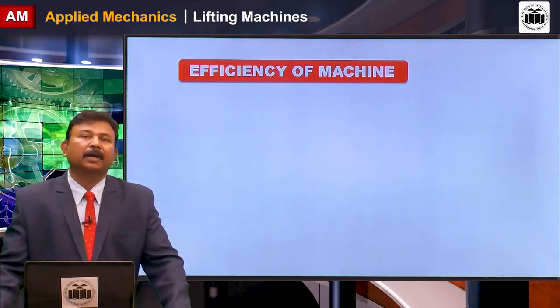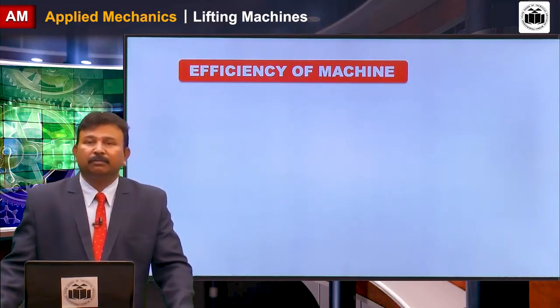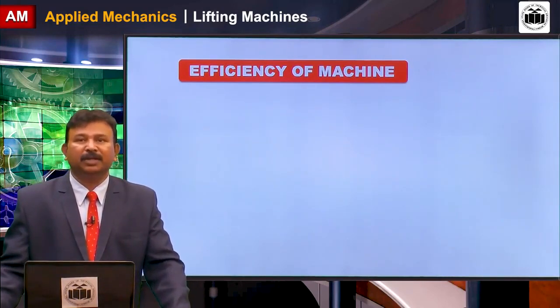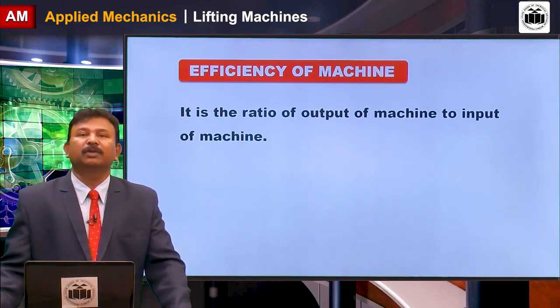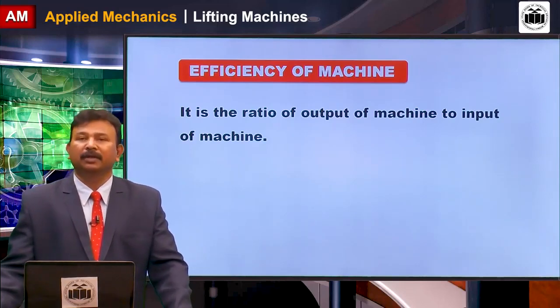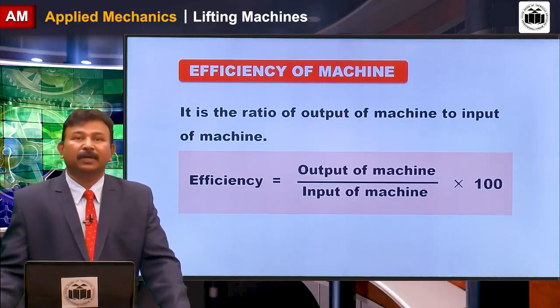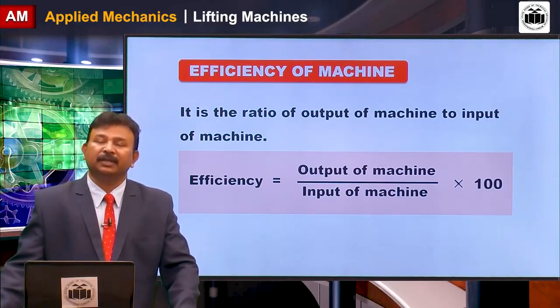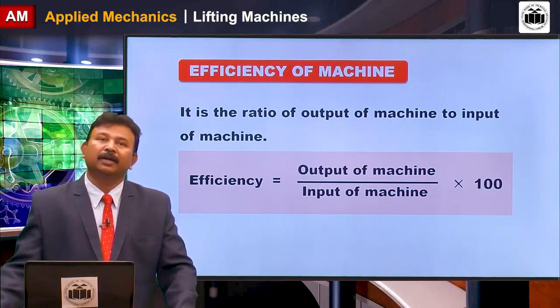Efficiency of the machine. Efficiency of the machine is also very important because it's a very common parameter to measure the performance of the machine. So efficiency is simply the ratio of output of the machine to input of the machine. Output of the machine is given in terms of W into X and input of the machine is given in terms of P into Y. And now efficiency we generally measure in percentage, so it is multiplied by 100.